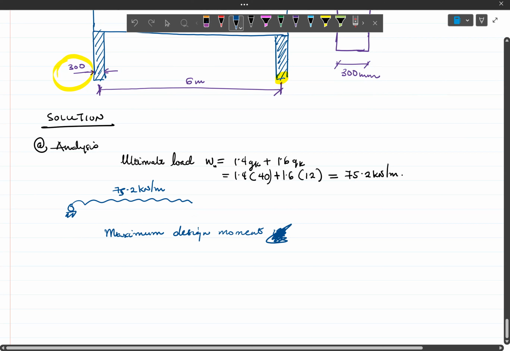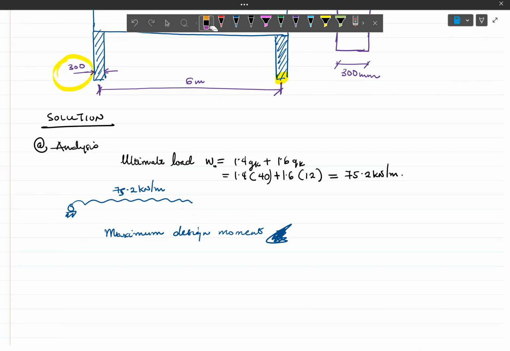I can't get my eraser to work. Okay, so the maximum design moment M is equal to WL squared over 8. So it becomes 75.2 times 6 squared over 8.